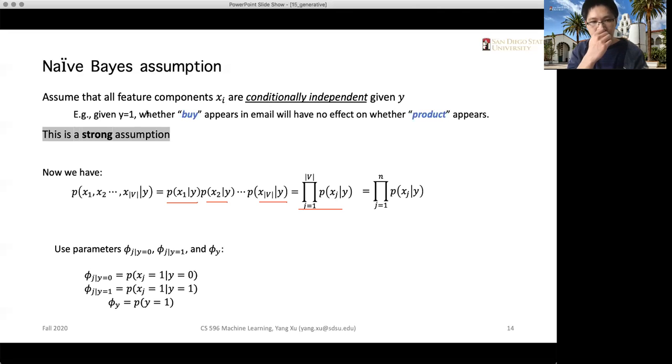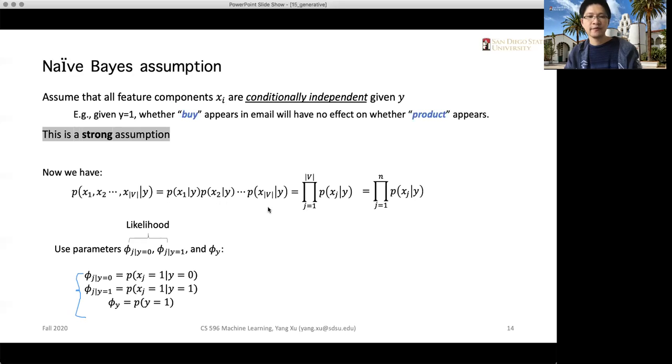We can also use parameters phi j given y equals 0, phi j given y equals 1, and phi y to describe the probabilities. So these are the three parameters we need to fit in this model.